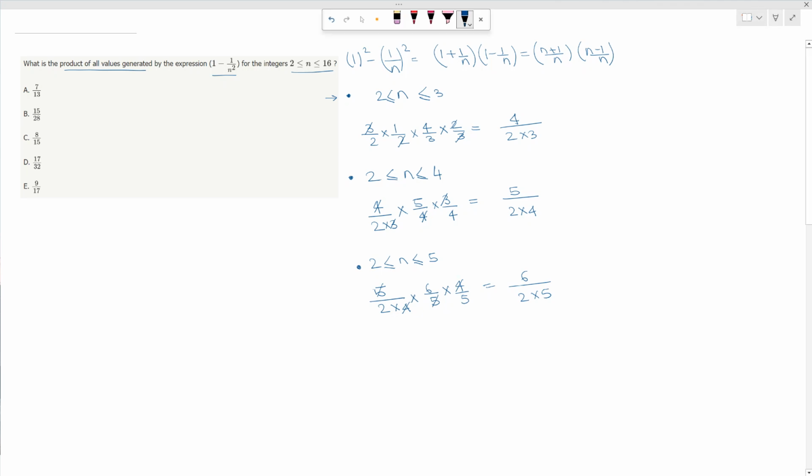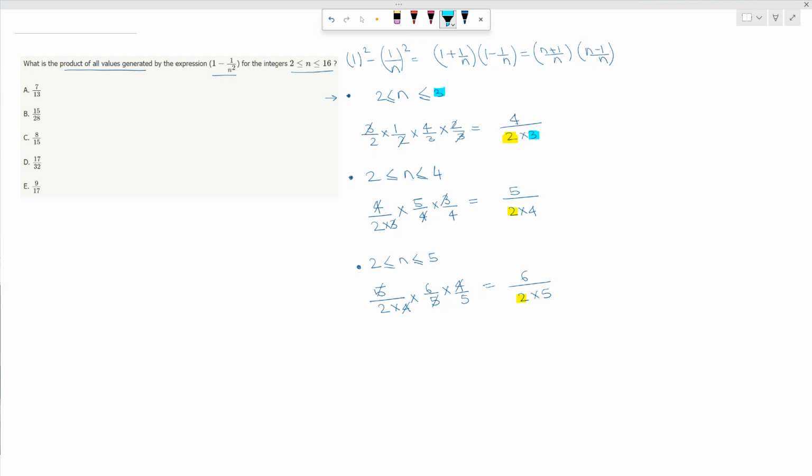Now I'll stop here and try to make some observations. What I see is that in all the outputs when n is between 2 and 5, the denominator contains a 2. That's the first observation that I make. The second observation is that when n was between 2 and 3, the second term of the denominator was the same as the nth term.